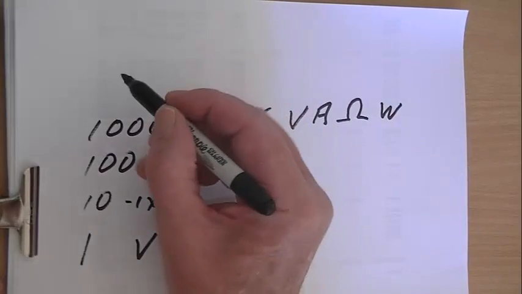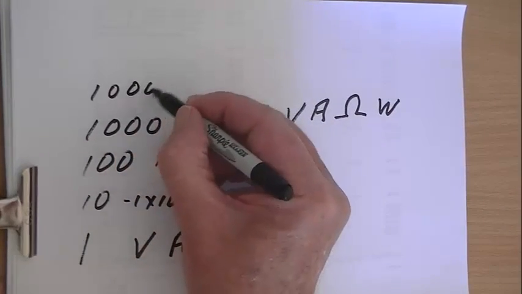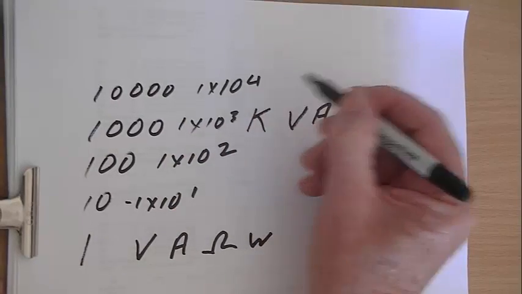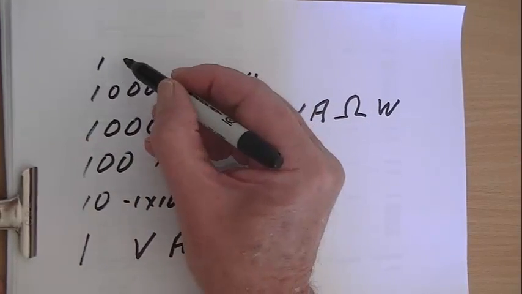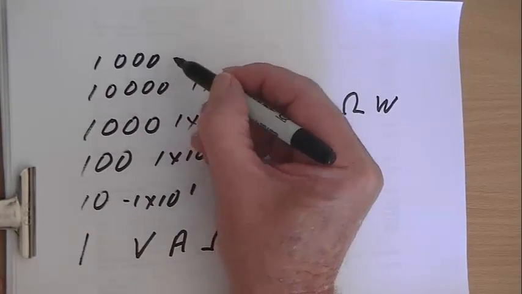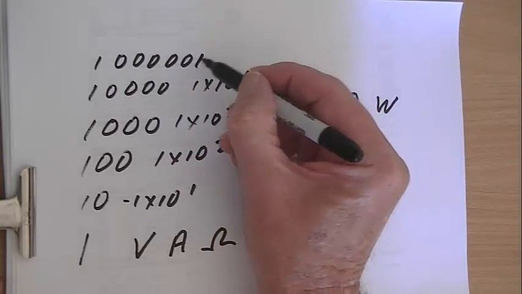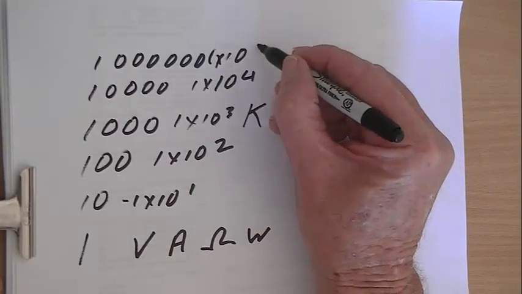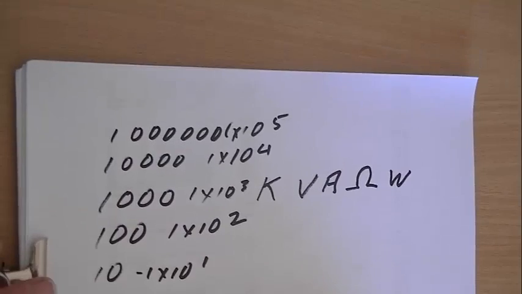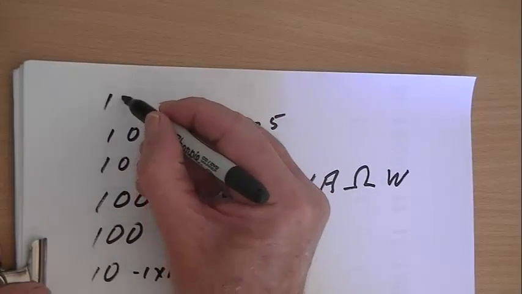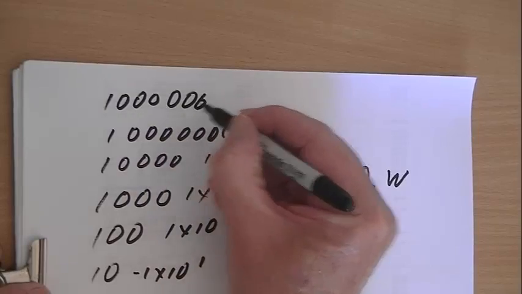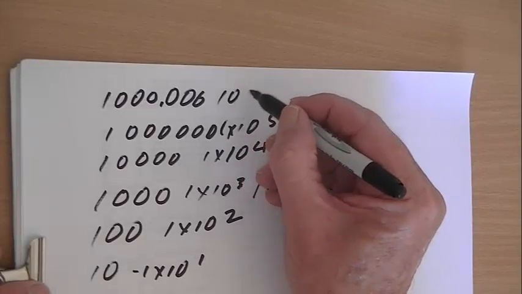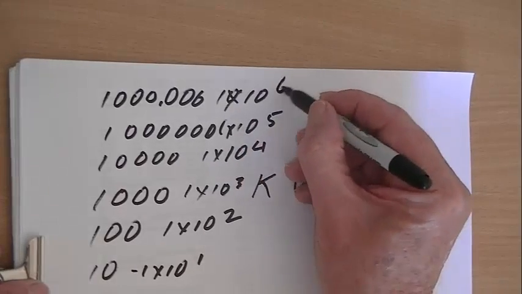The next one up is 10,000, which is 1 times 10 to the fourth. We don't use that. Then there's 100,000, which is 1 times 10 to the fifth. And the biggie, the one that we use all the time, is 1,000,000, which is a mega. That's 1 times 10 to the sixth.